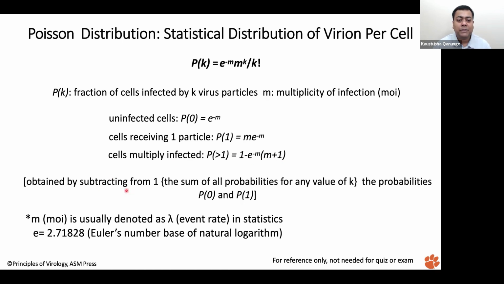This is obtained by subtracting from 1 the probabilities P0 and P1, that is, the sum of all probabilities for values of k above 1. So that's basically how you can identify this. And MOI is denoted by lambda, which is called an event rate, and e is the Euler number.